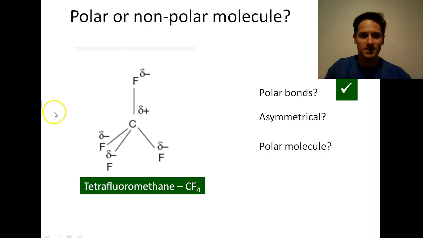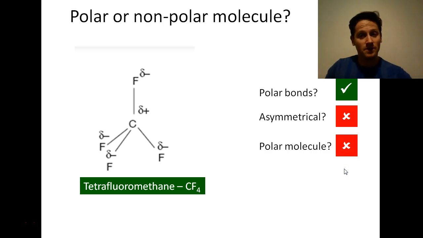The left cancels out the right, the top cancels out the bottom. So asymmetry, no. There's lots of symmetry in this molecule. There's symmetry going this way, and there's symmetry going this way. Is it a polar molecule? No, it's not. It has polar bonds, but because it's symmetrical, the overall dipoles will cancel each other out.